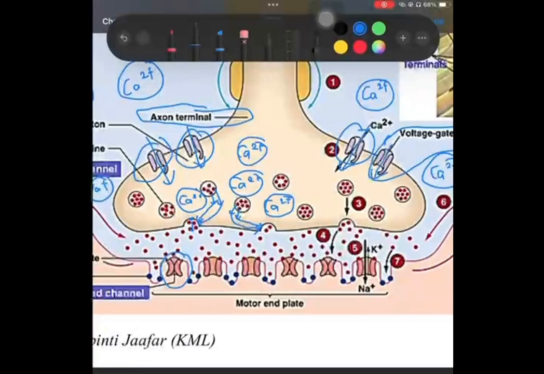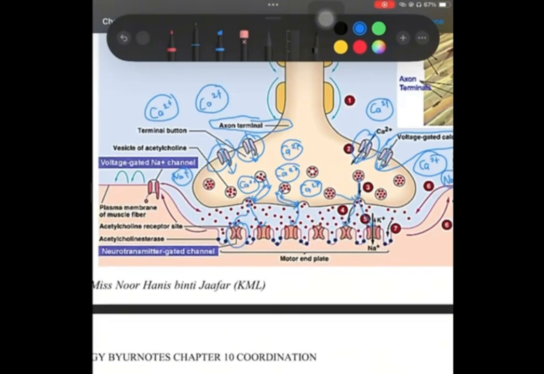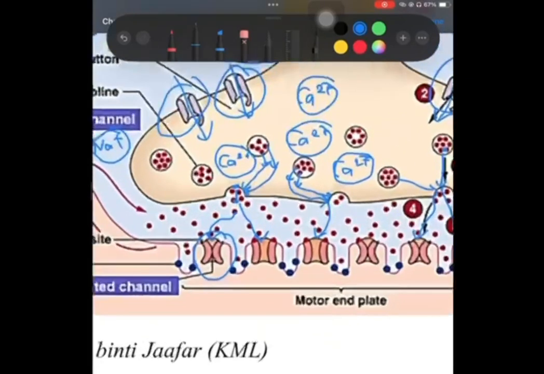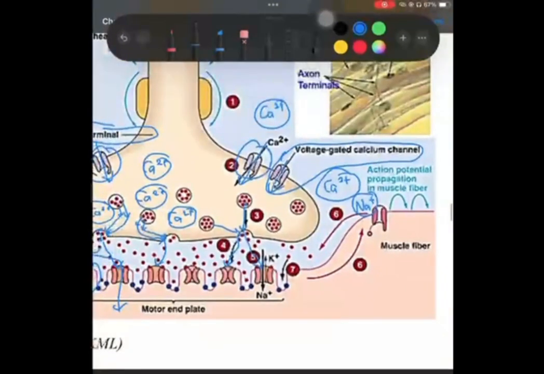The acetylcholine released by the vesicle will bind to this specific receptor. This triggers the opening of the ligand-gated ion channels, and this will allow sodium ions to move inside here.